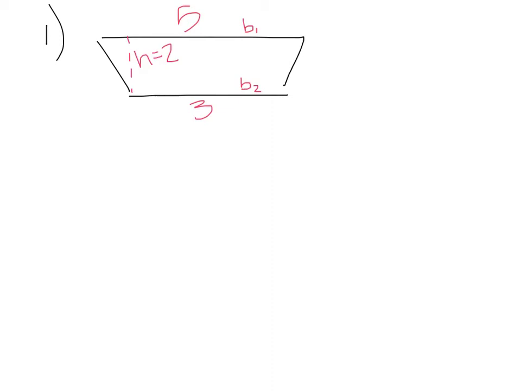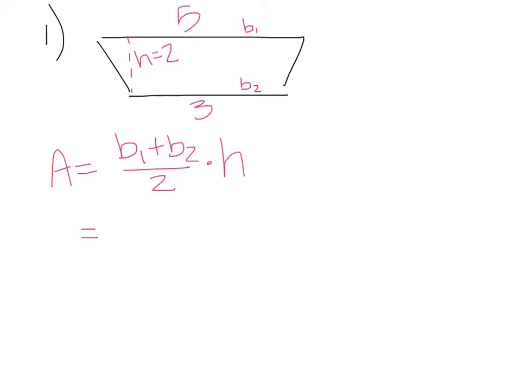You have access to all of the formulas, I believe, in your notes. So let's go ahead and find the perimeter and area of this trapezoid. The area of a trapezoid is found by taking the average of the bases times the height.